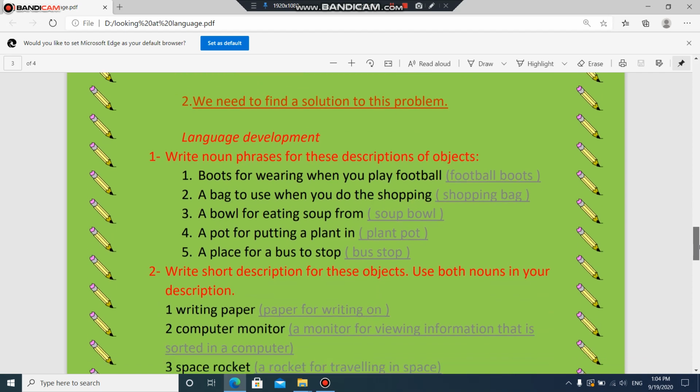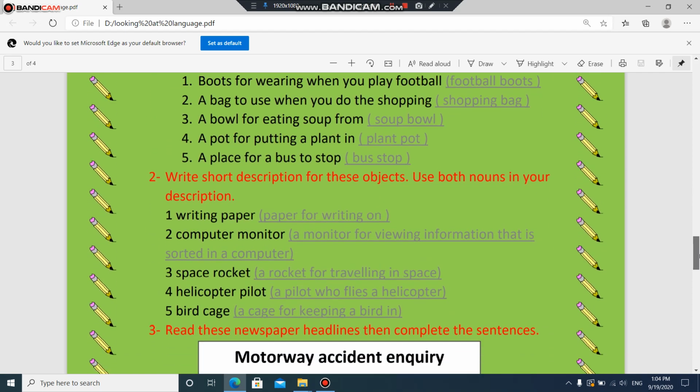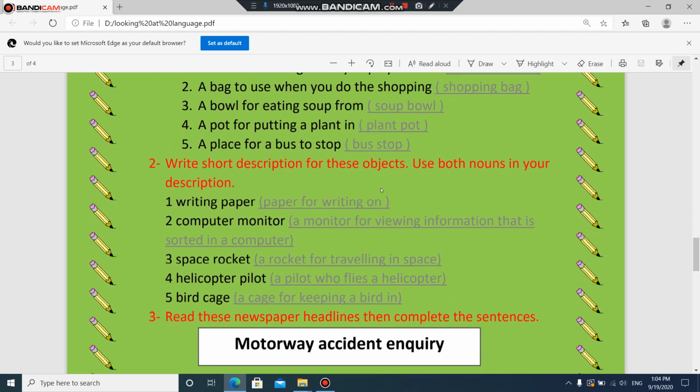Okay, it's so easy. Now guys, exercise number 2. It says write a short description for these objects. Use both nouns in your description. For example, writing paper, paper for writing on. It's like I ask you what does writing paper mean, and you tell me paper for writing on.